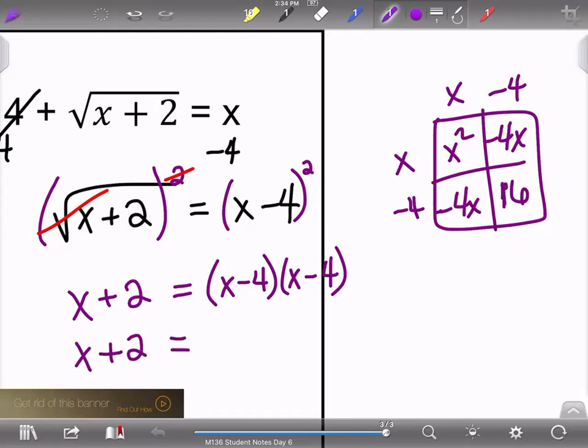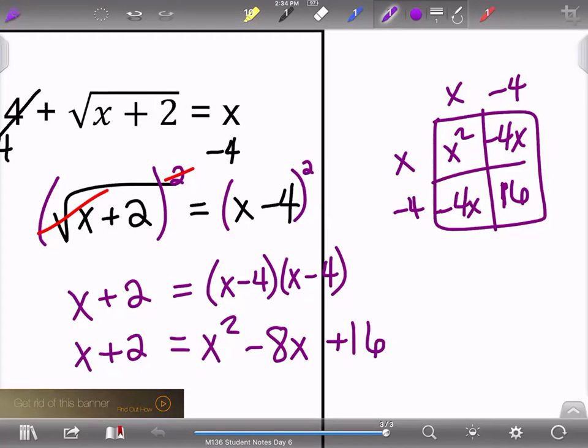So if I go back to the problem, I'm going to have that x plus 2 still on the left-hand side. On the right-hand side, we're going to have x squared minus 8x plus 16. From here, I want to move everything to one side.